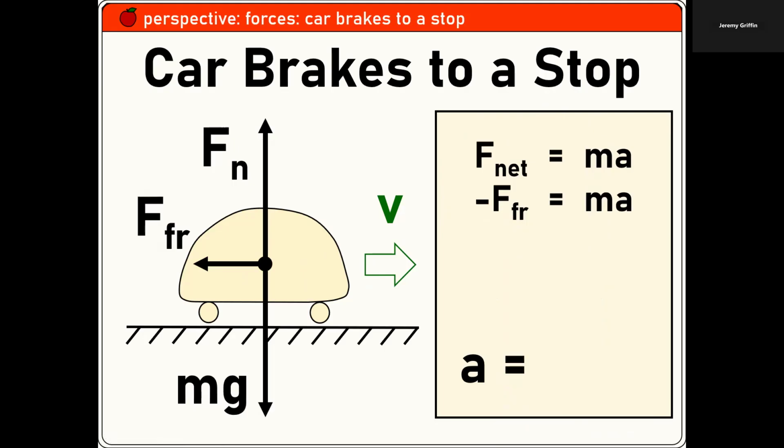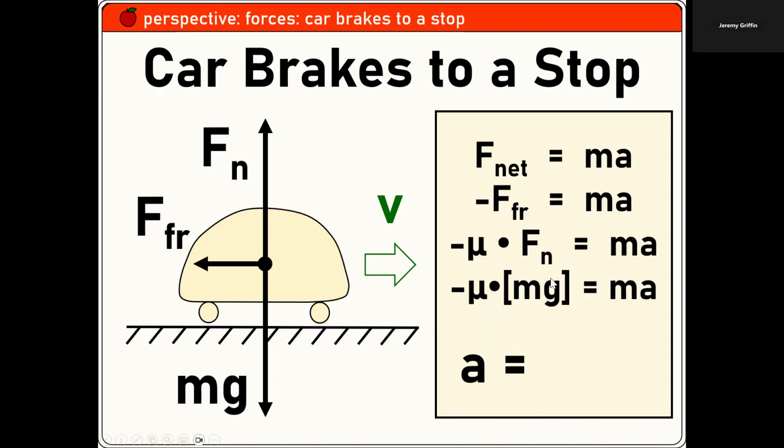Now if you were given the coefficient of friction and the mass of the car and so on, we could do some more substitutions. What can you substitute in place of friction force? Normal force times the coefficient of friction. There you go. Coefficient of friction times normal force, and that results in the car slowing down. But what is this normal force equivalent to? Mg. And that's useful because the mass of the car cancels out.